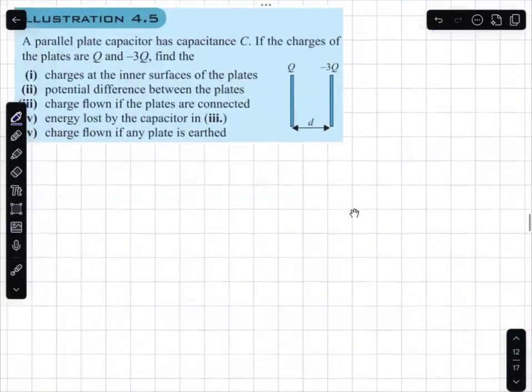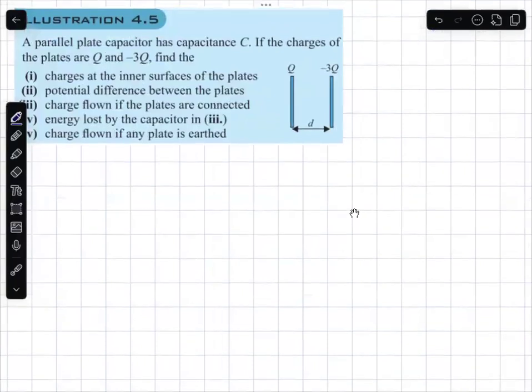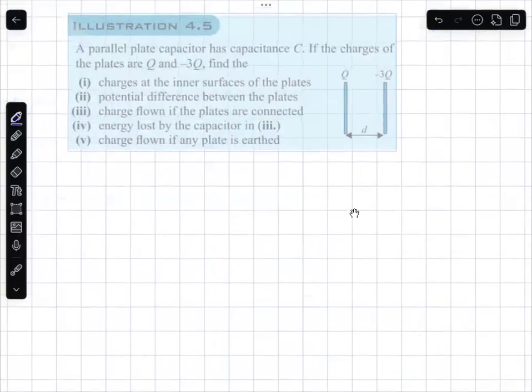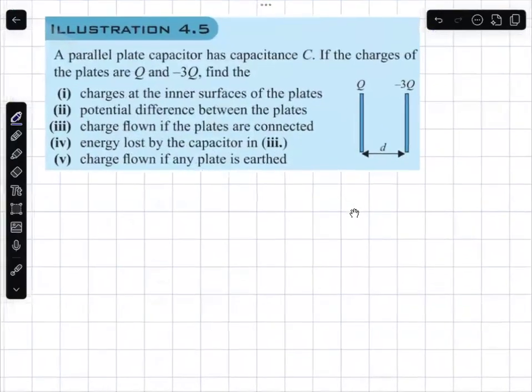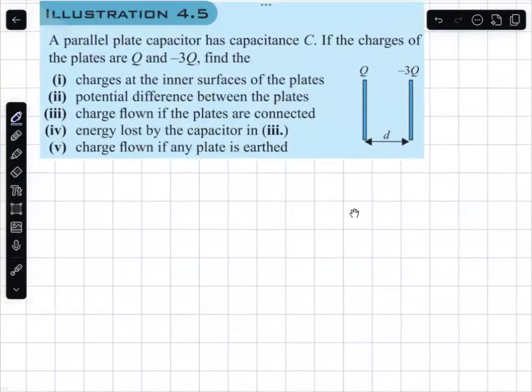Everyone try to solve this question. A parallel plate capacitor. Just go through that.